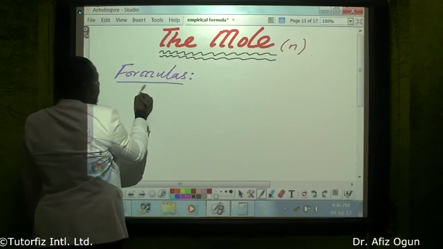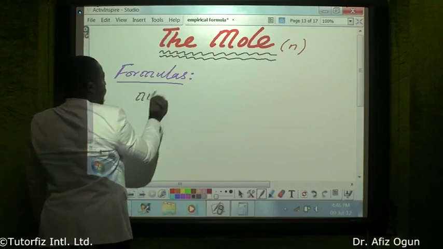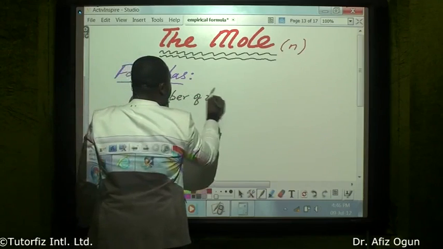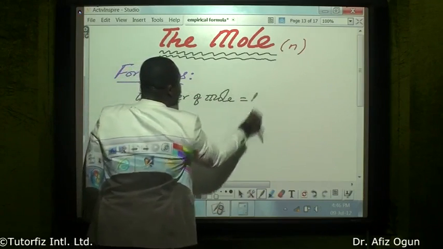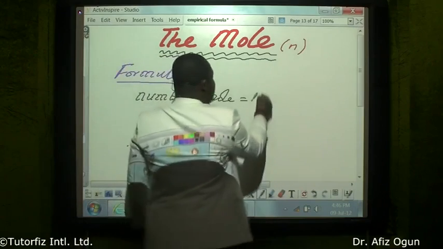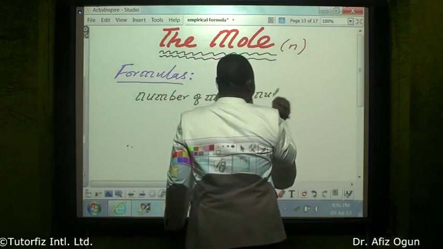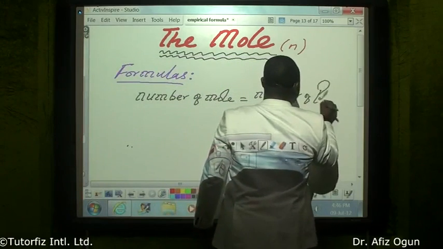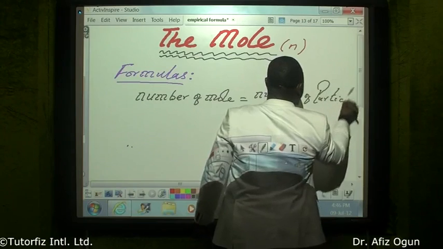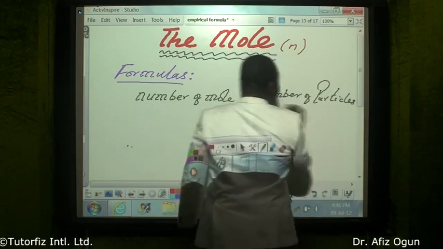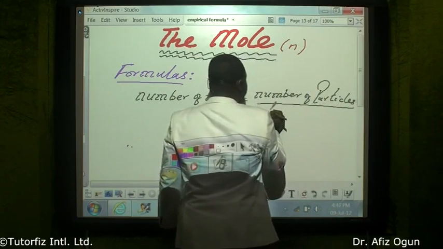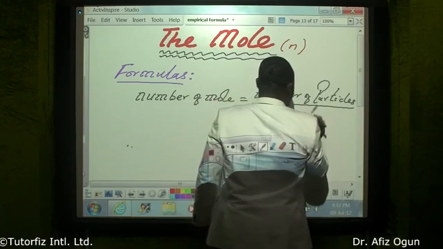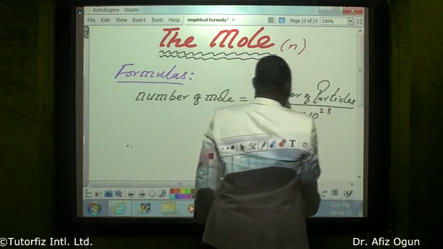Number of moles equals number of particles divided by Avogadro's number, 6.02 times 10 raised to power 23.